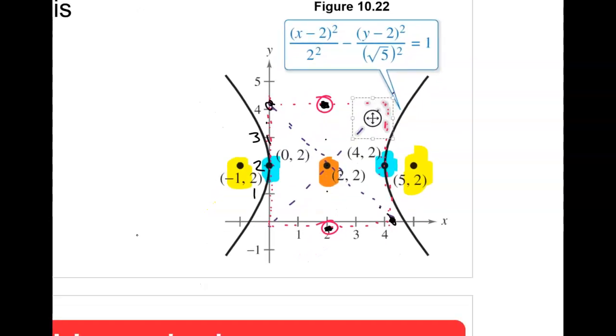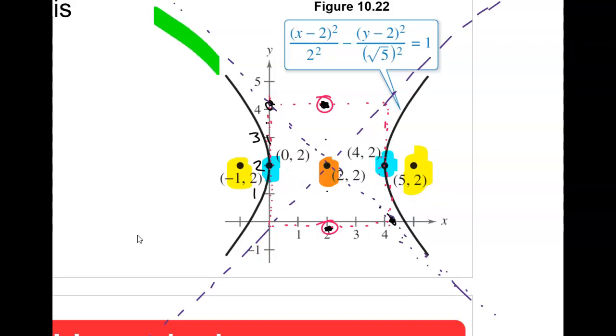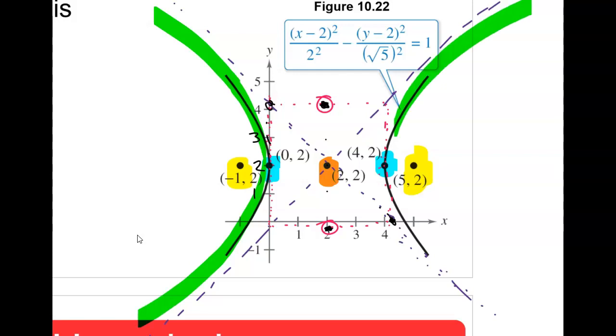Because if you extend those lines, then you know exactly how to graph your hyperbola, because your hyperbola cannot go across those lines. We should have arrows at each endpoint, but yes, that's how you can get a perfect drawing of a hyperbola.